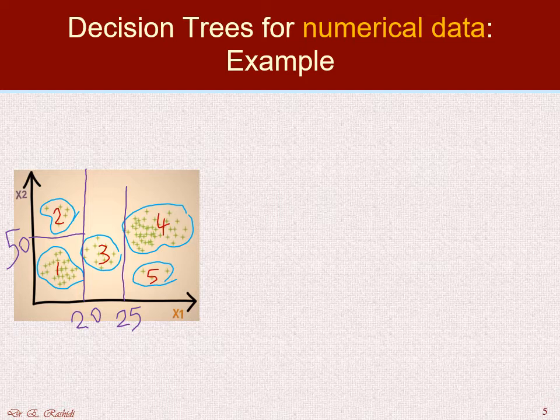Now we can distinguish class 4 and 5 by setting a value based on x2. Suppose this is 30 for x2. So now class 4 and 5 can be distinguished from the others by x1 and x2 values.